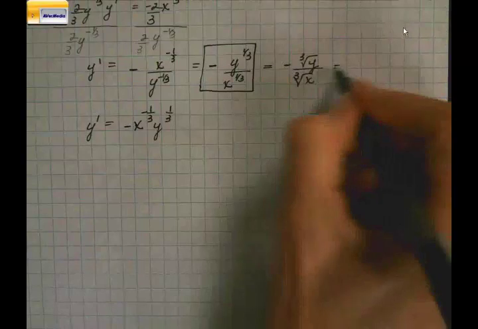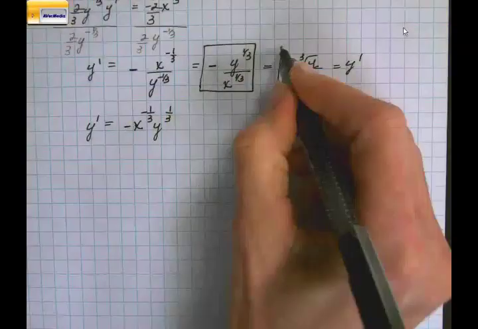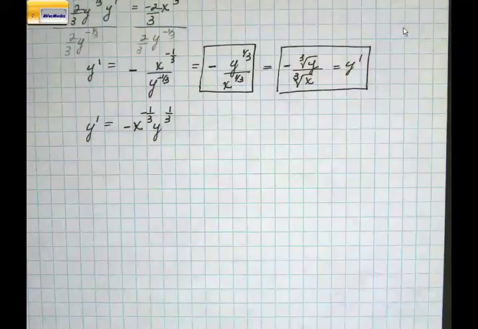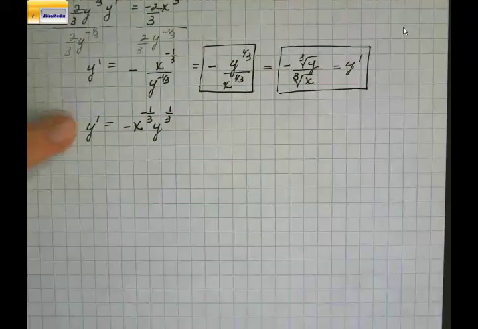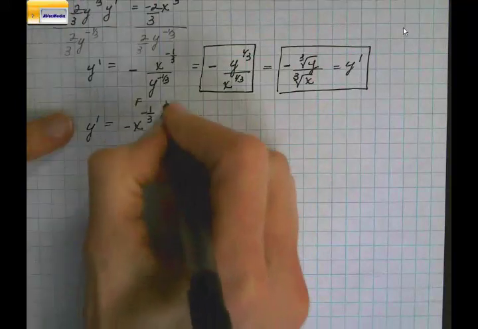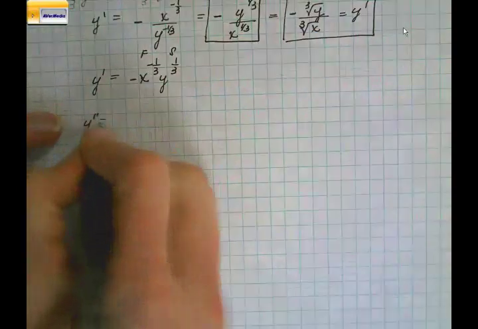The cube root version is what you would type in MyMathLab. To get ready to take the second derivative, I would apply the product rule, where the first is x to the negative 1/3 and the second is y to the positive 1/3. So here we go.